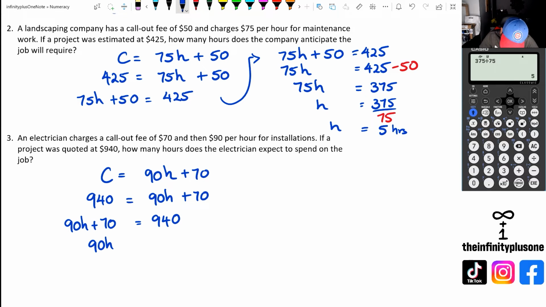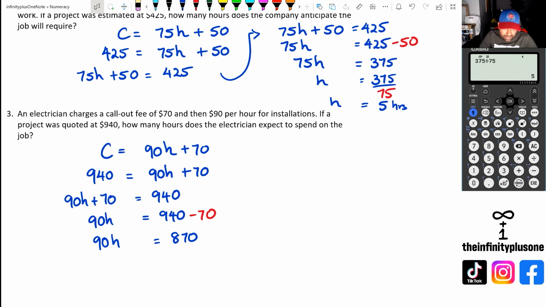Then we've got to move the 70 to the other side, so it becomes 940 take away 70, and we've got 90H is equal to 870. Okay, 940 minus 70, yeah, that's 870. So H is then equal to 870 divided by 90.